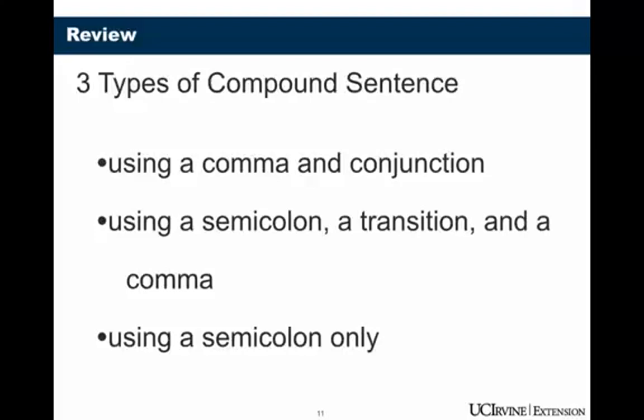The second type of compound sentence uses a semicolon with a transition and a comma. Transitions are words like therefore or however. The third type of compound sentence uses a semicolon only. And remember, you can only do that when the two sentences are very closely related.